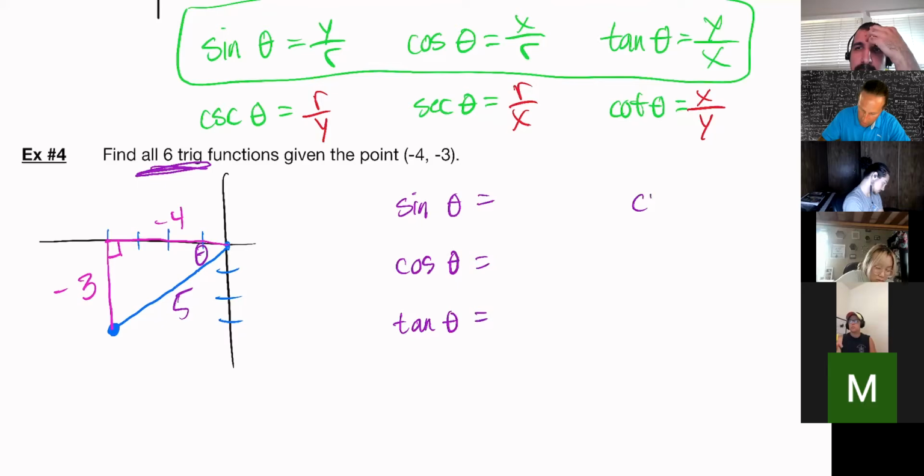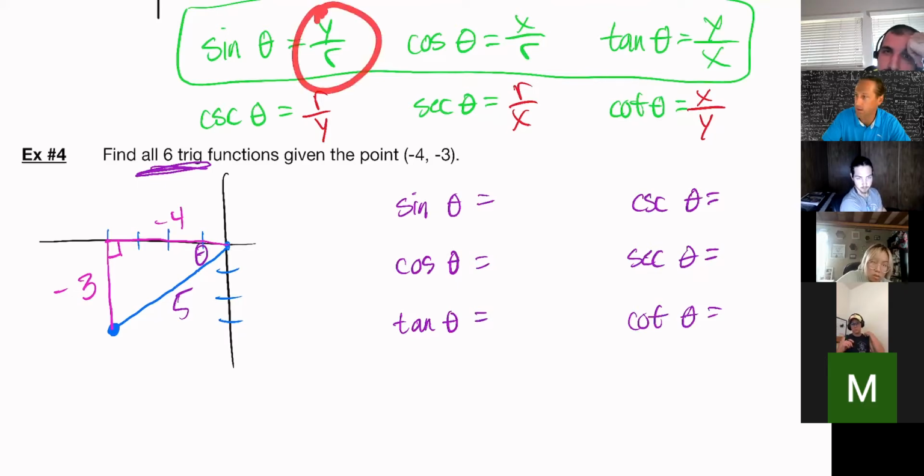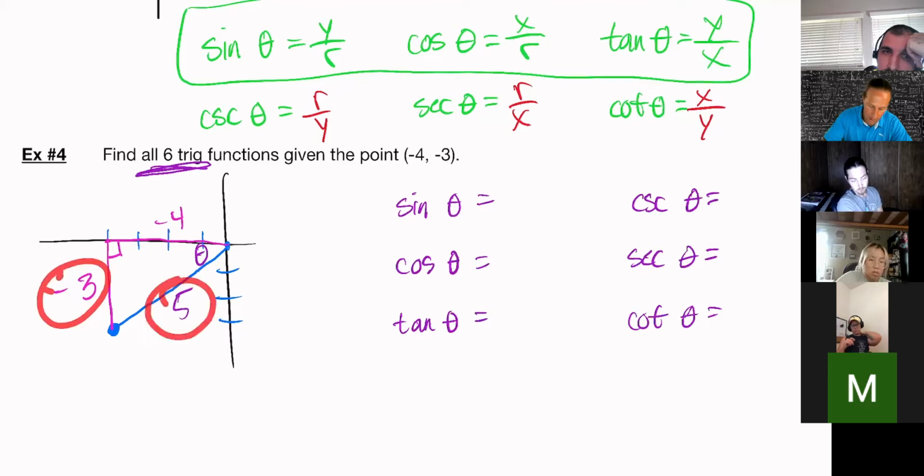Because we know that cosecant, secant, and cotangent are just the what of all of those? Reciprocals. Very good. Excellent, guys. So what is the sine always? The what over the what? Y over R. So I got my Y and I got my R. And if you guys want to, you can even label. Here's my Y, here's my X, and here's my R.